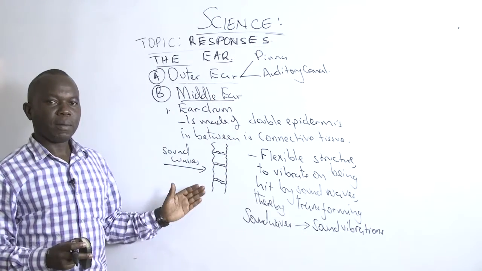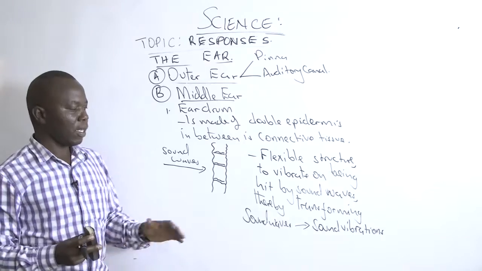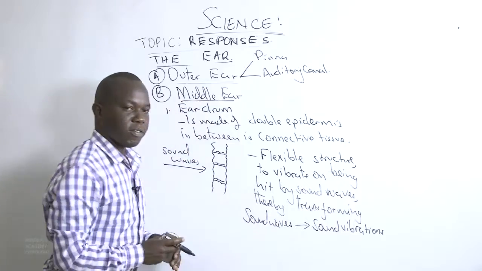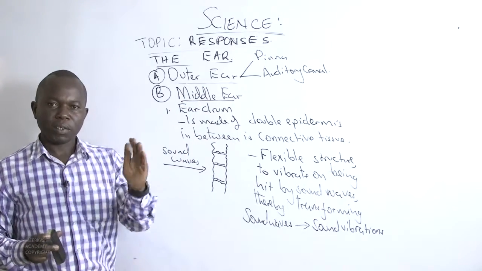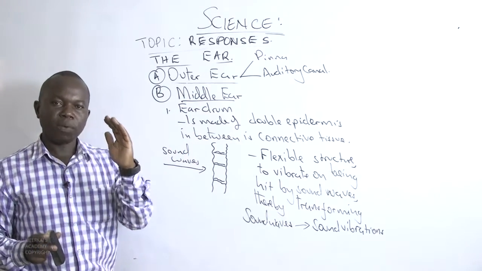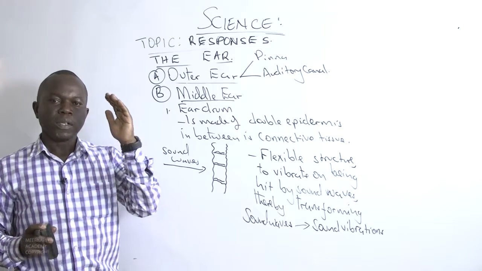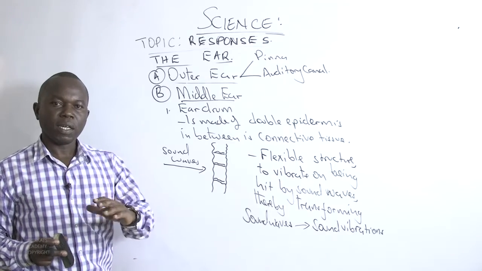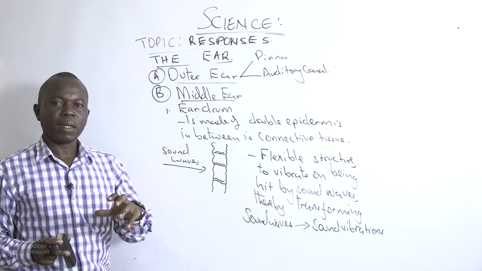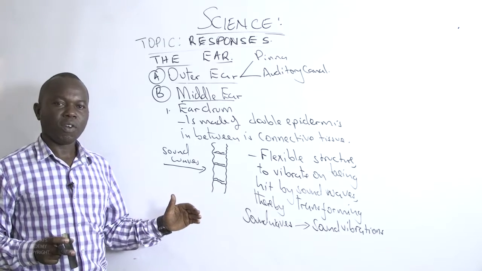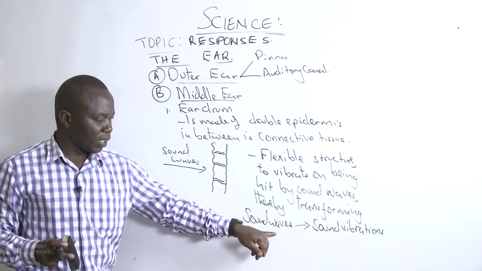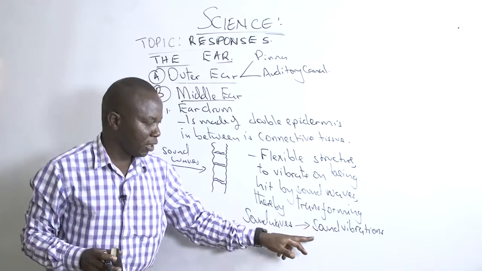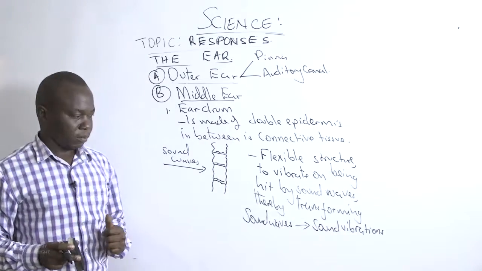Now, from the eardrum to the rest of the ear, to the ear ossicles, to the round window, to the semicircular canal, the cochlea, the sensory cells in the cochlea, back to the oval window, we do not have sound waves. The only form of energy there is sound vibration.